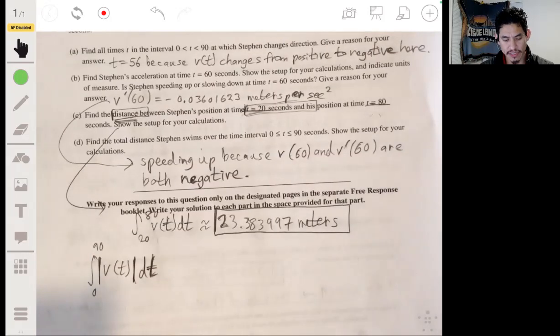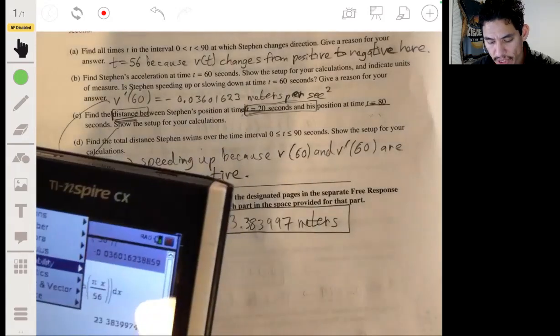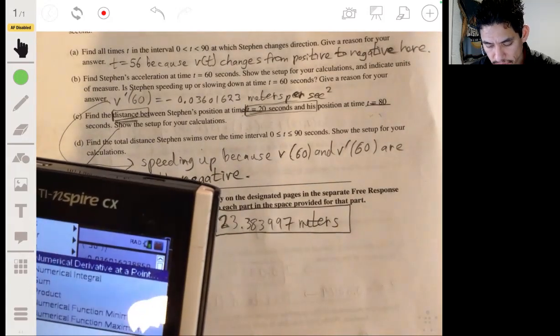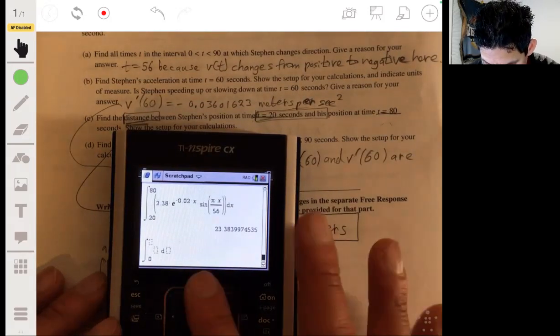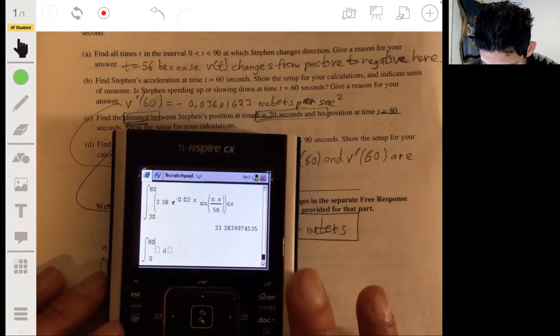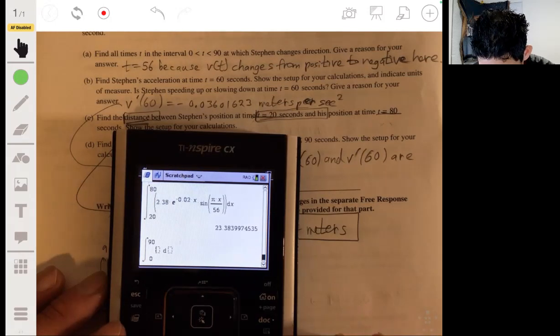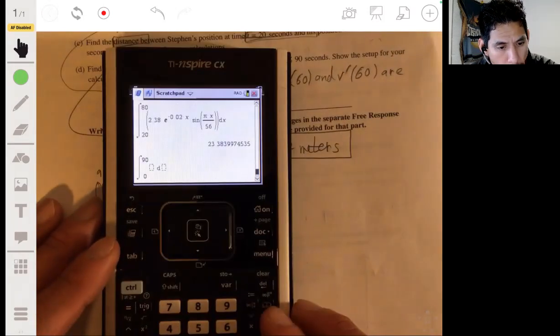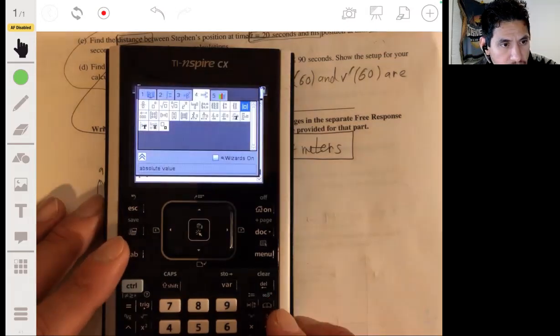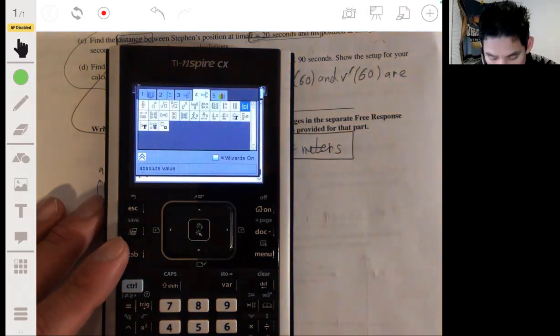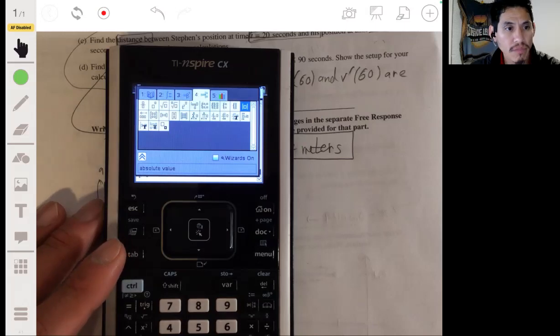So you can actually enter this in your calculator within the numerical integral function. So I'm going from 0 to 90. And here, I'm going to press this book. This is a very powerful book. You press it, and it has all these valuable operations.